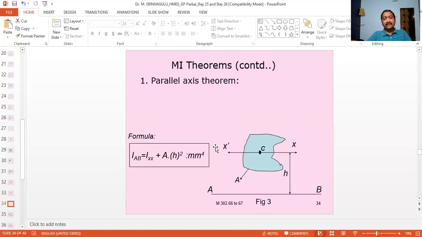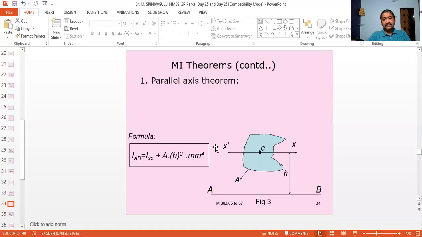With the parallel axis theorem, we can transfer the moment of inertia to any other parallel axis when we know the moment of inertia of that area about its centroidal axis.